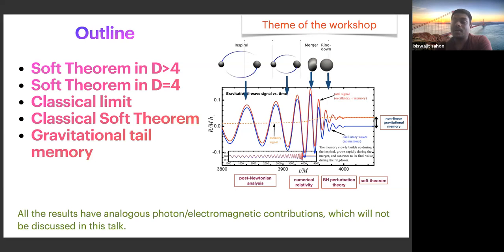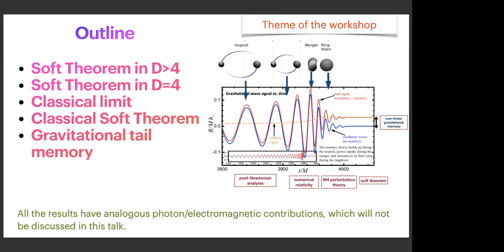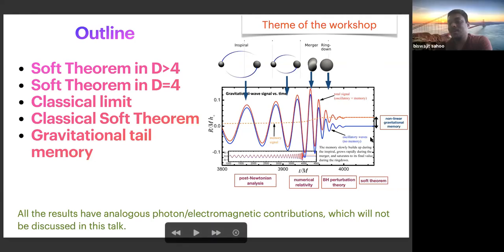And when the ringdown is over and the quasi-normal modes have died out, if we wait for a long time, then we can measure the soft theorem. So the soft theorem only helps to understand the gravitational waveform in this phase of the waveform diagram. At late times only, we can use the soft theorem to understand the gravitational memory.